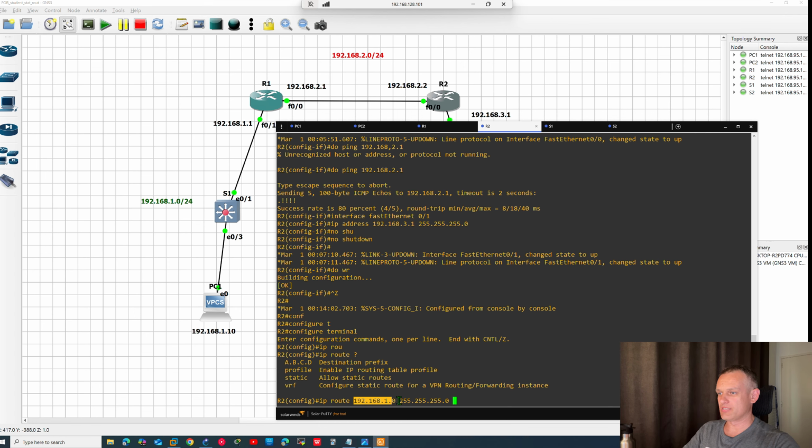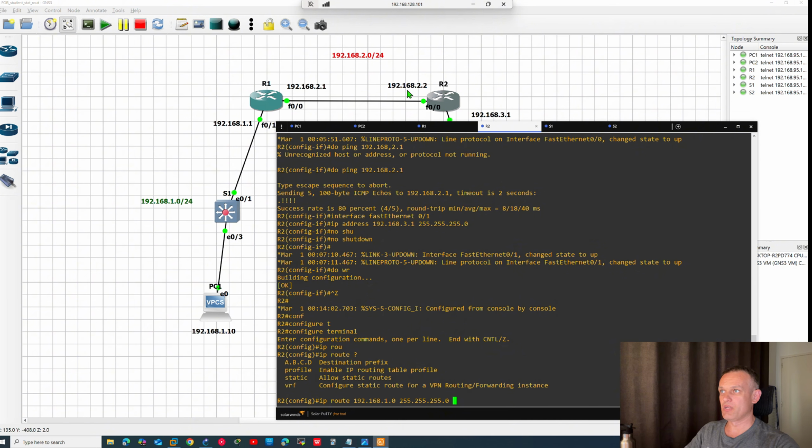This is the network. Then the next step, you have to tell it how this router can do this. You have to specify the next hop, which is the next interface for this router, which is connected to this network.